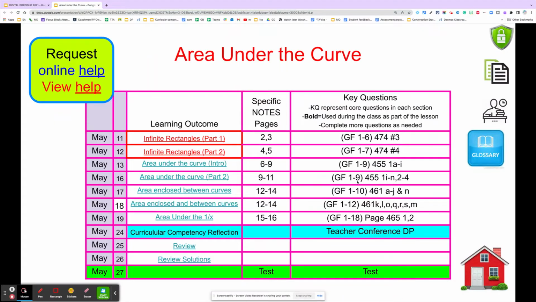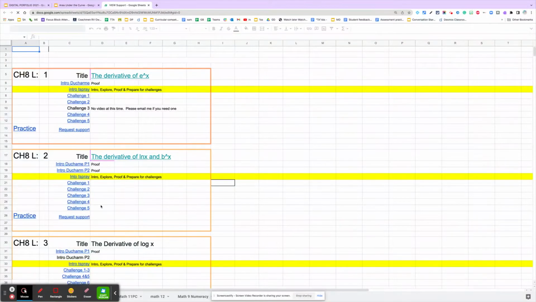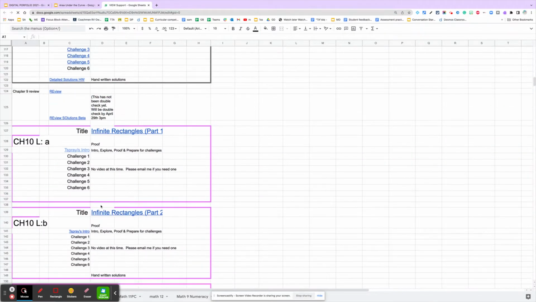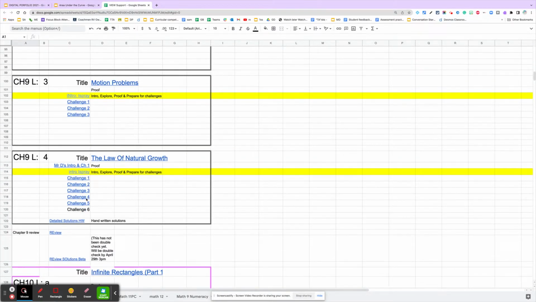Notice that the go formative would be still 1 to 9, so there's nothing really new there for you to do. So if you've already got up to 1 to 9, you're good to go. Do check out the questions in the notes, which would also be very helpful. And do want to make sure that you are aware of viewing the help. So if you click on this link, you'll notice that there are detailed solutions to all of the challenges up to about lesson 4.